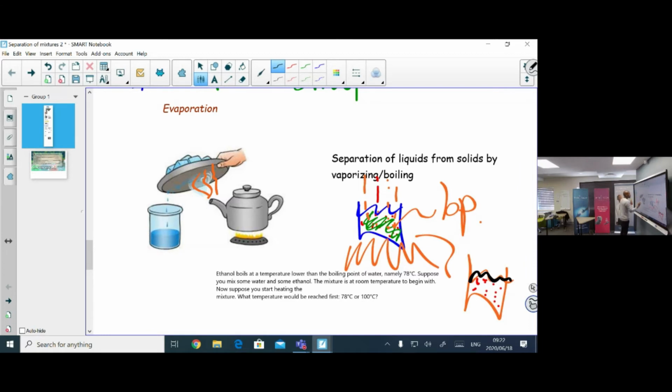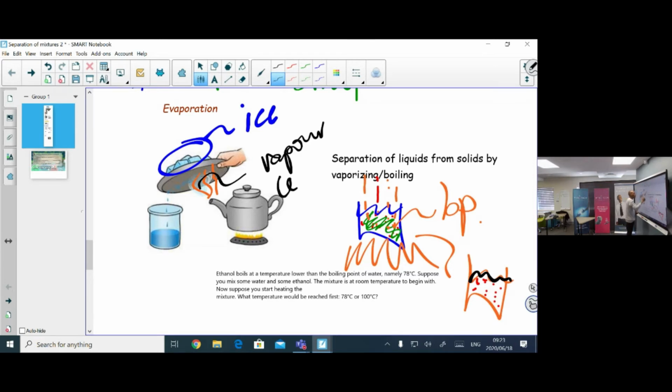Looking at this image, here's our liquid vaporizing, and the person here is collecting that vapor by cooling it using ice. Upon cooling it, what happens to the vapor? It condenses. You remember phase change?